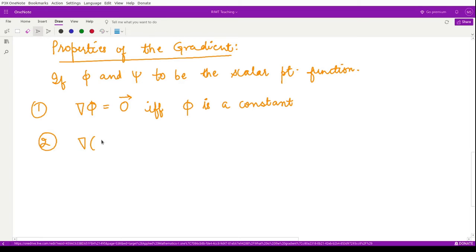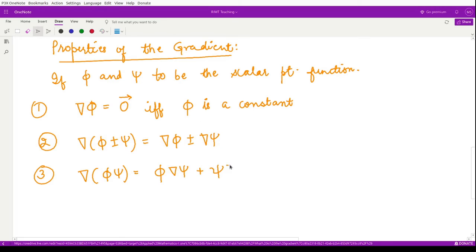Next, the gradient of phi plus minus psi. What is this quantity? This is equal to the gradient of phi plus minus the gradient of psi. So if you add up or subtract two scalar point functions first and then apply the gradient, that would be equivalent to applying the gradient first individually on the two scalar point functions and then adding or subtracting these two. The third property says gradient of phi psi is equal to phi as such times the gradient of psi plus psi as such times the gradient of phi.